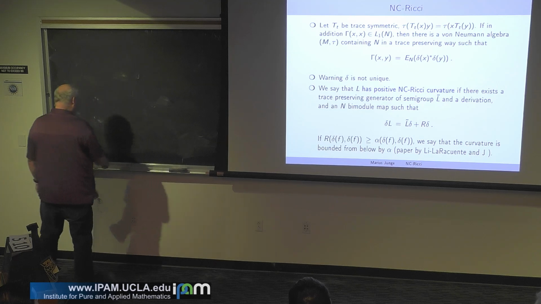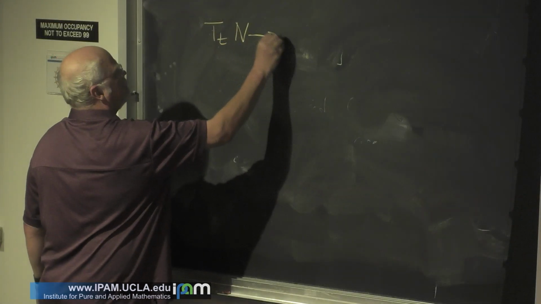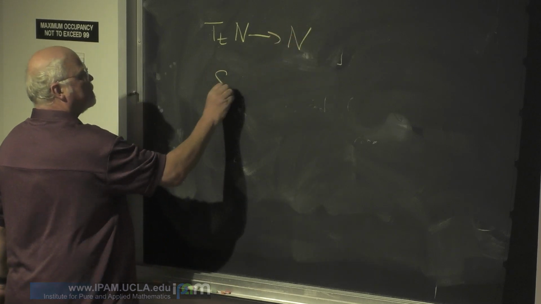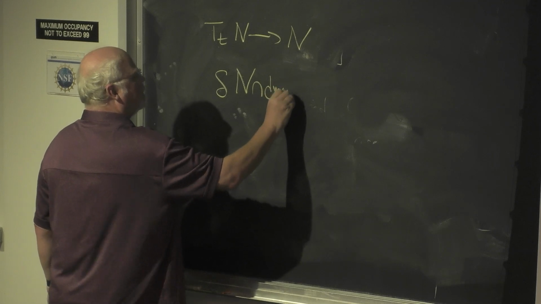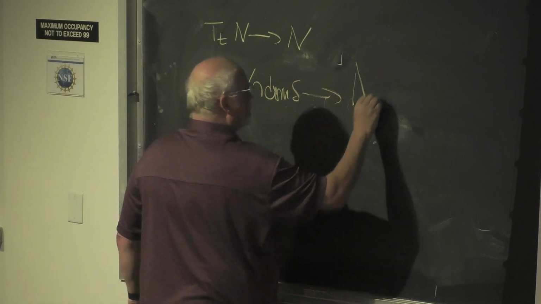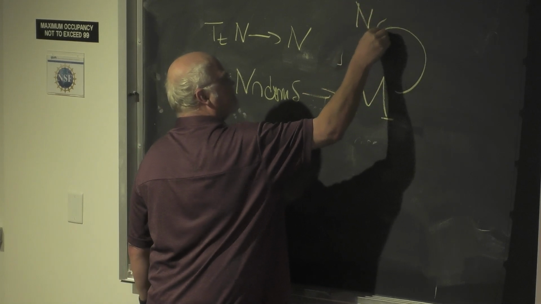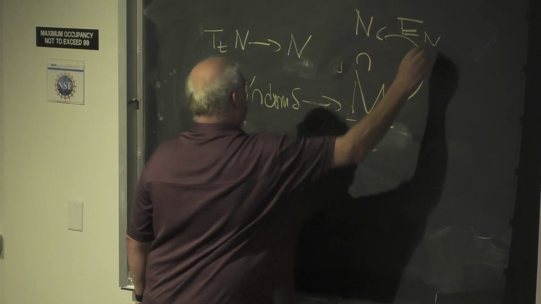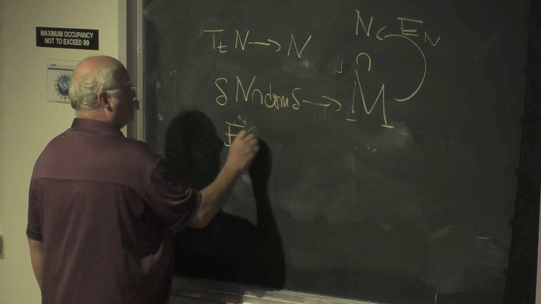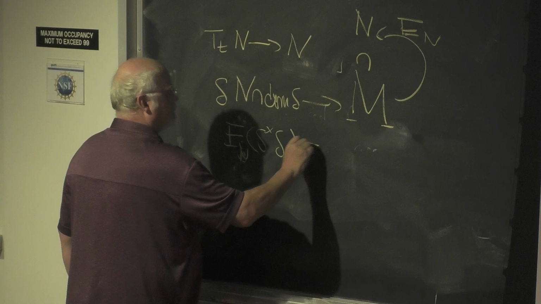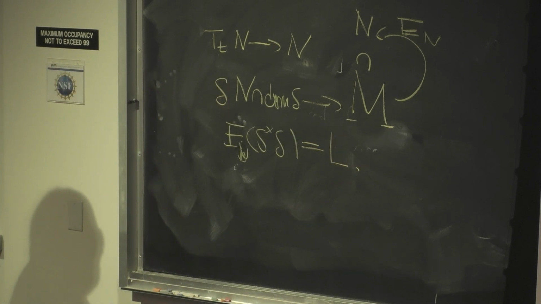In this picture, I start with the semigroup from N to N. My derivation goes from N, in the intersection with some domain, to some M. So M contains N. There's a conditional expectation E_N, and E_N of delta star delta is L. That's exactly what's happening.